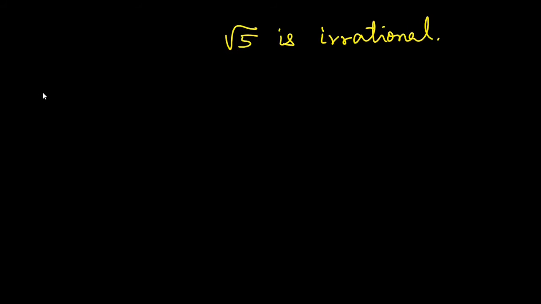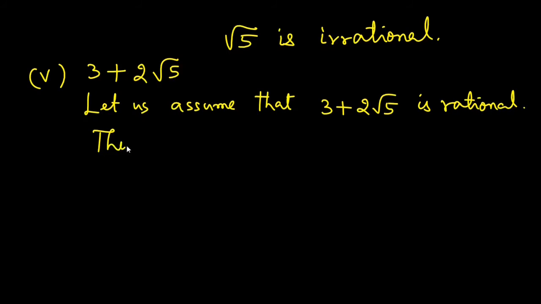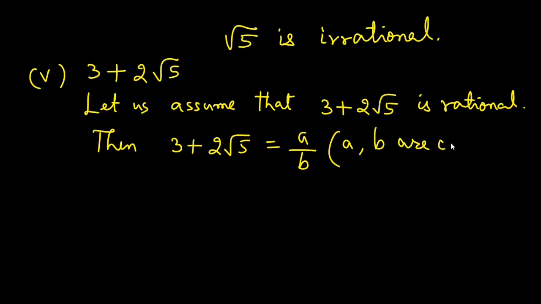Now, the fifth one, 3 plus 2 root 5. Let us assume that 3 plus 2 root 5 is rational. Then 3 plus 2 root 5 is equal to a by b, where a and b are co-primes, b is not equal to 0.